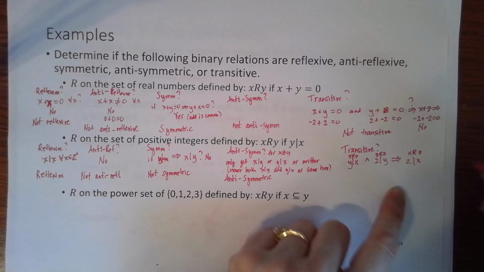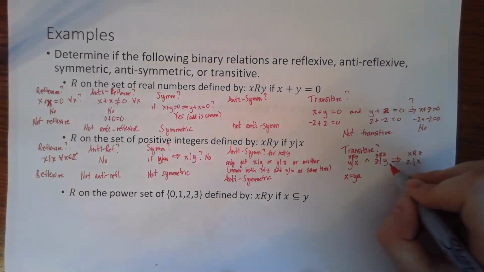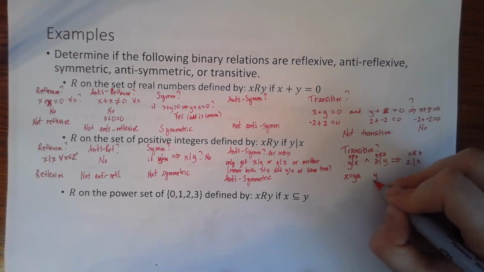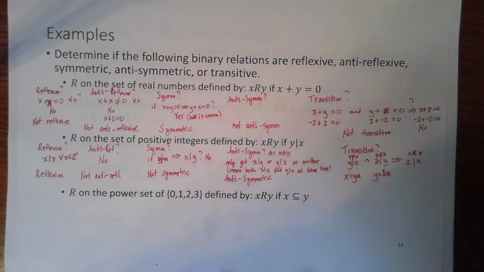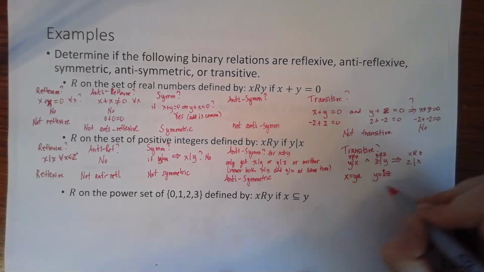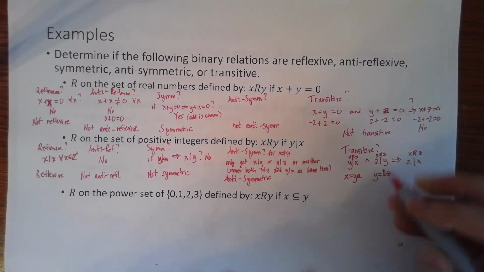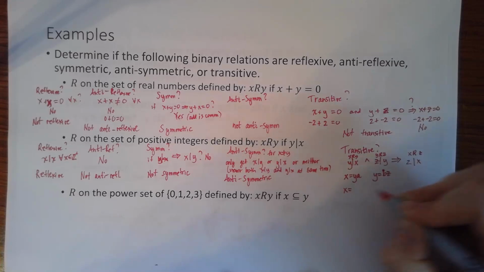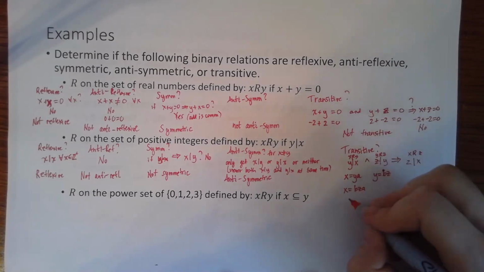This one, we know that means x is equal to some y times some integer a. And this one, we know that means y is equal to some integer b times z. So if we take bz and substitute it in here, we get x equals b times z times a.